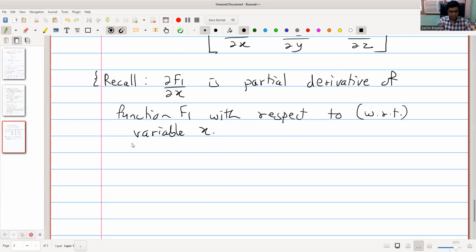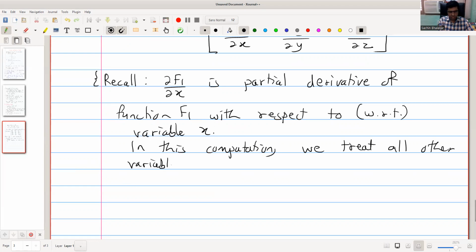In this computation, we treat all other variables constant except x.